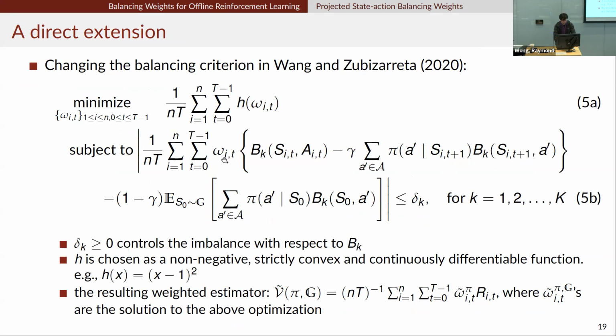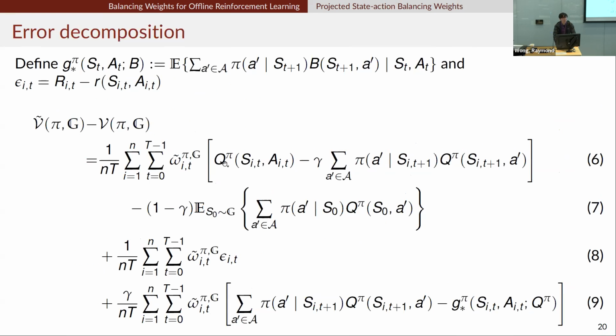The only difference is that I do not have a B here; instead, I have a Q. So as long as the Q function is well approximated by the basis functions, and you choose the imbalance, that means delta K, carefully, you can control the first error.